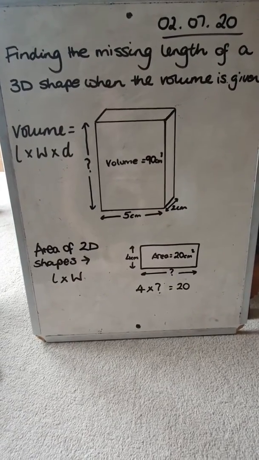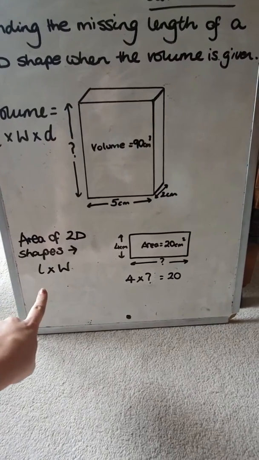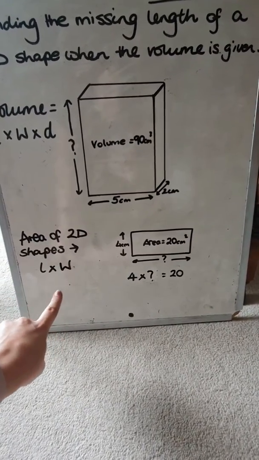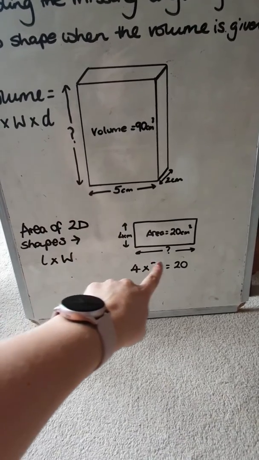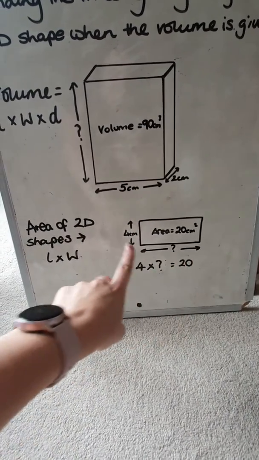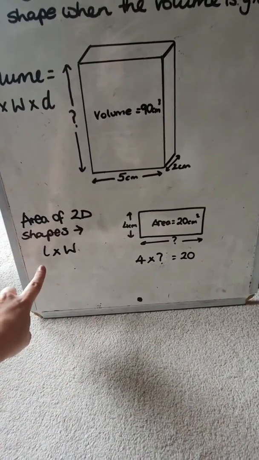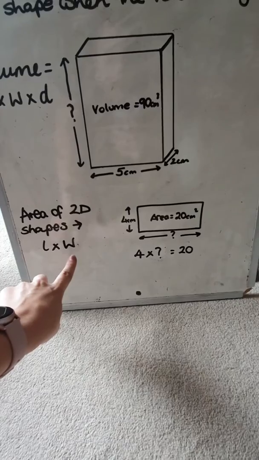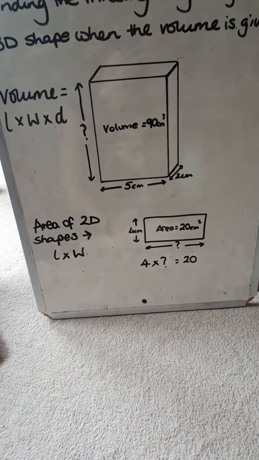Now, last week I asked you to find the area of 2D shapes, and to find the area of 2D shapes we need to multiply the length of one side by the width of the other. Because there's two dimensions, we multiply one dimension by the other. Last week we did ask you to use your reasoning skills.